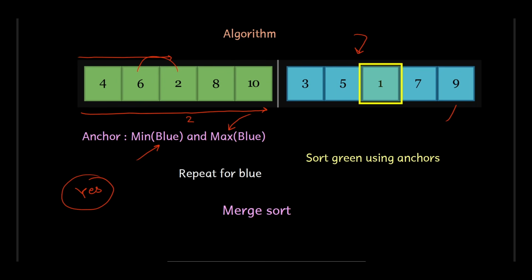And you don't really have to swap, you just have to check for the existence of the anchor, because if the anchor exists, then you can just assume that this element will be sent to its correct place, and whatever maxima you have seen so far, that will be the maxima, right?